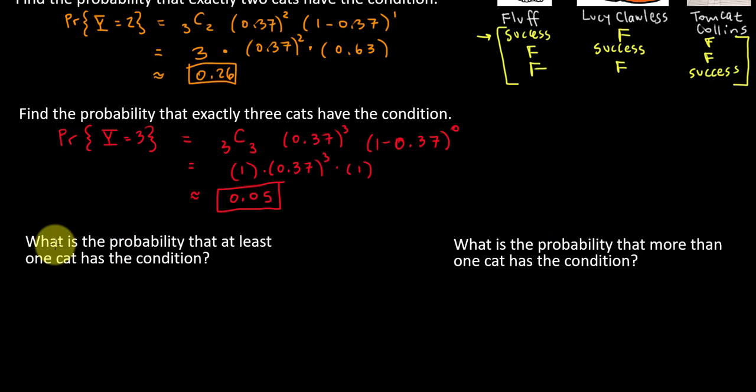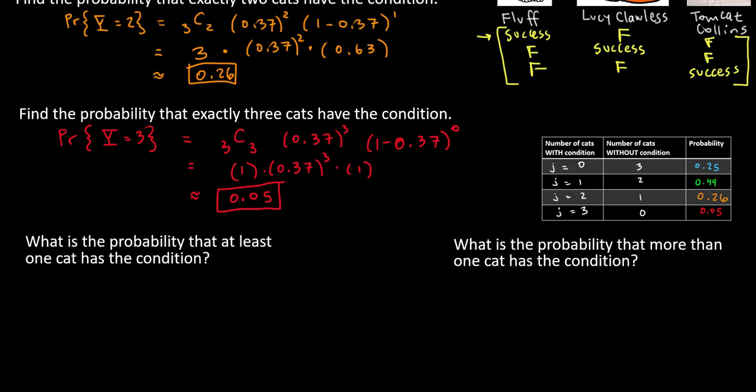Here's the questions. What is the probability that at least one cat has the condition? Let's look at this table here. I copy-pasted it. At least one cat has the condition. Well, wouldn't that be the probability? I'll use some notation here. The probability that y is at least 1, so I got to write greater than or equal to 1.